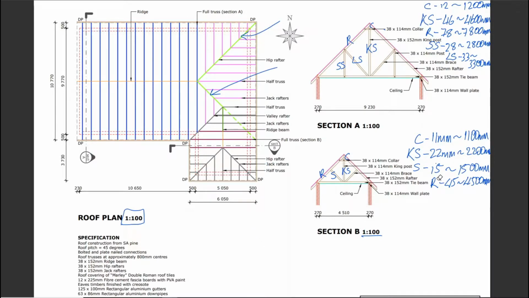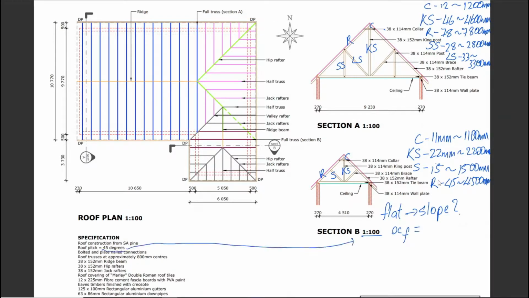These little bits, the overhangs, wherever you see an overhang, I've also scaled that. So it's a new discovery of mine that if you're given a plan ratio, it makes far more sense to scale it. What we want to know, as I said in my previous video, is if I move 1 unit this way, how many units will this change?